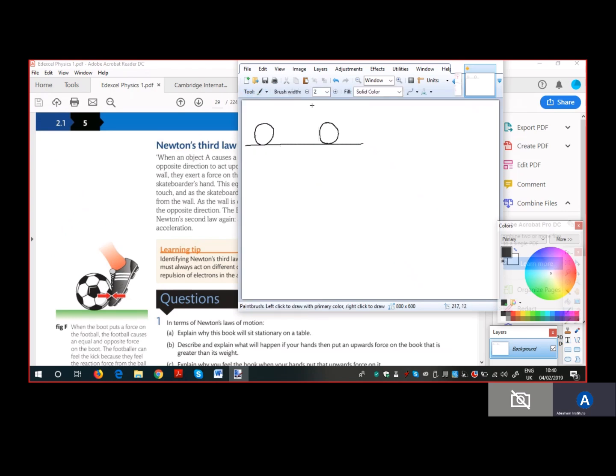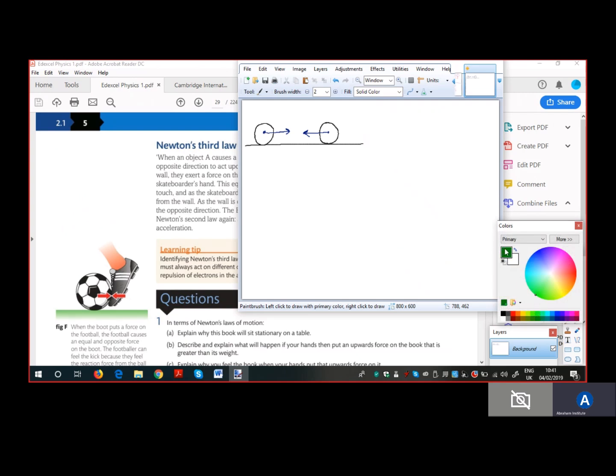Now you can see between any two bodies there is a gravitational force of attraction. So there will be a gravitational force of attraction on this body, exerted by this body. If you take this body, the arrow I am drawing here is the gravitational force exerted on this body by this body.